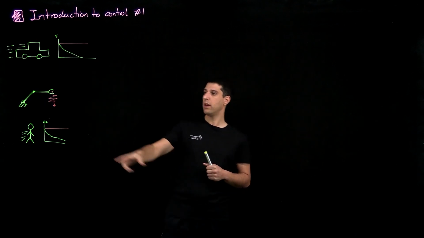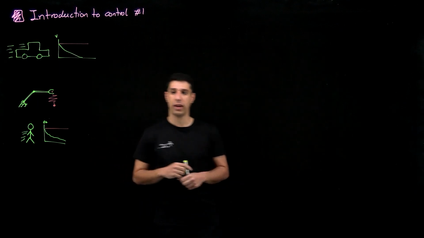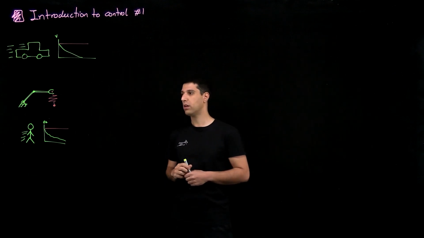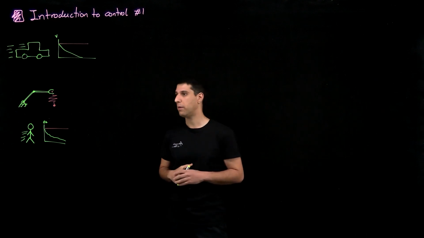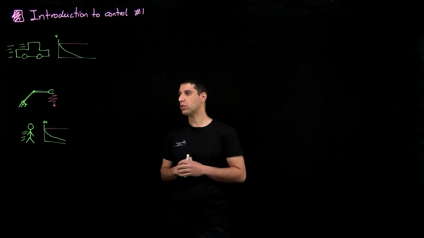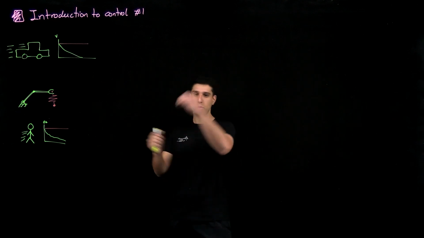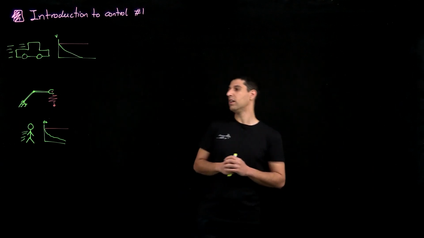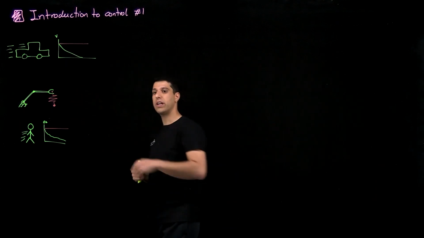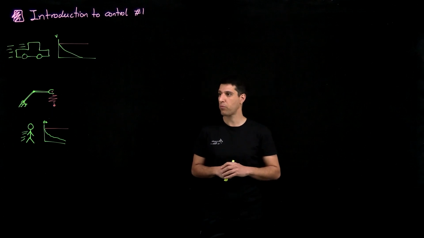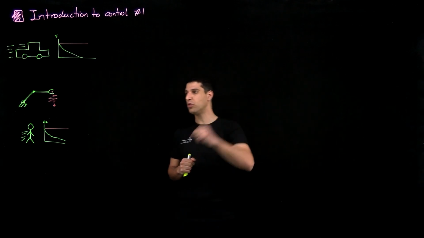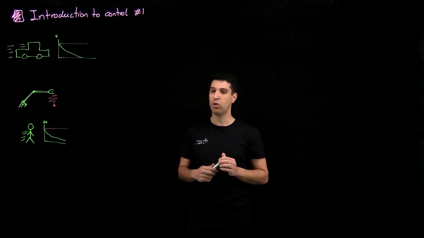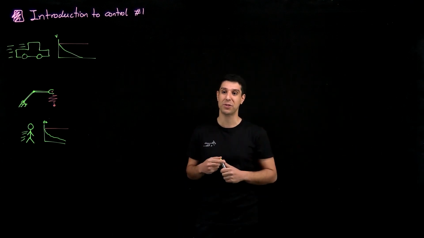Another example of control could be a robotic system. You can apply torques to the motors, and the robot moves and does something. Those robots are generally very heavy, they are nonlinear and all of that. If you try to move the end effector of the robot, it may or may not respond the way you like.